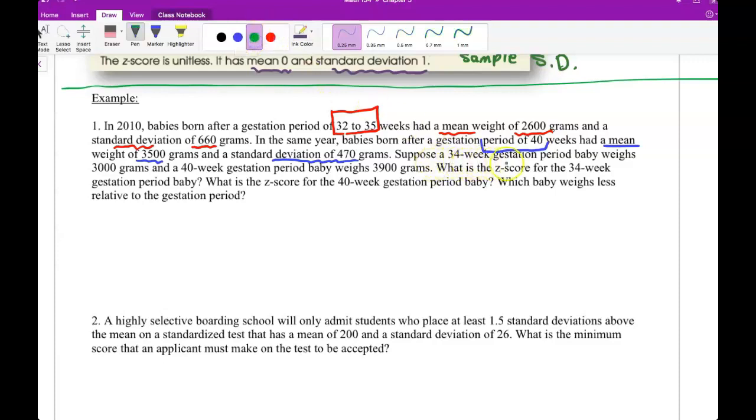Suppose a 34-week gestation baby weighs 3,000, and a 40-week baby weighs 3,900. What is the z-score for the 34-week baby, and for the 40-week baby? Which baby weighs less relative to the gestation period?